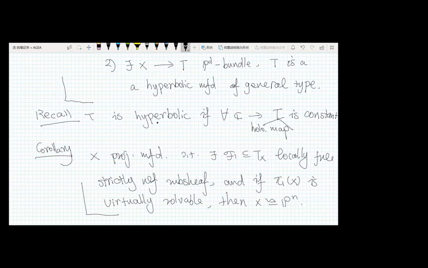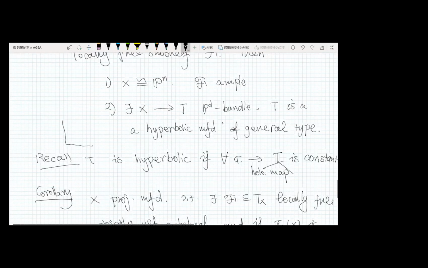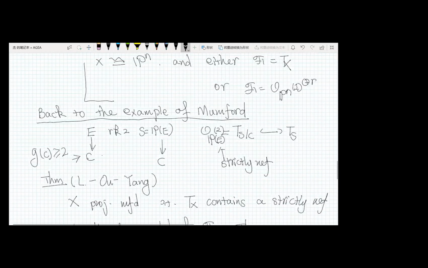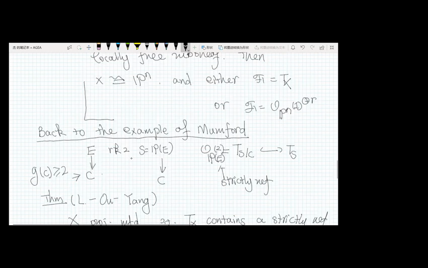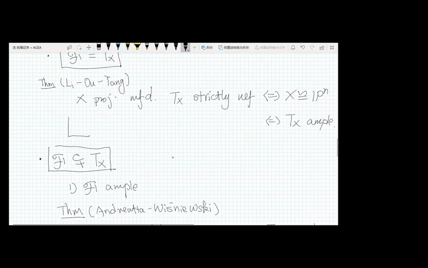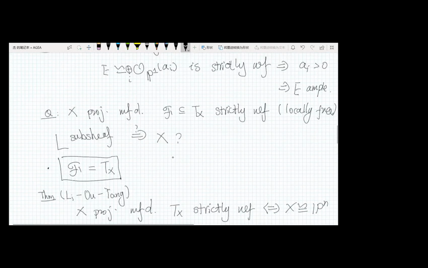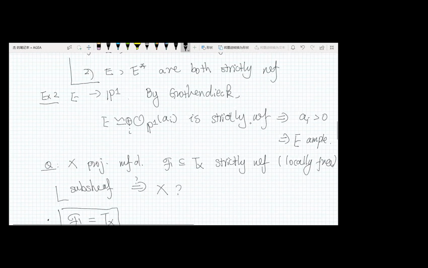So for example, in the example of Mumford, you cannot change C to be the projective line P1, because for P1, strictly nef vector bundle is also ample.